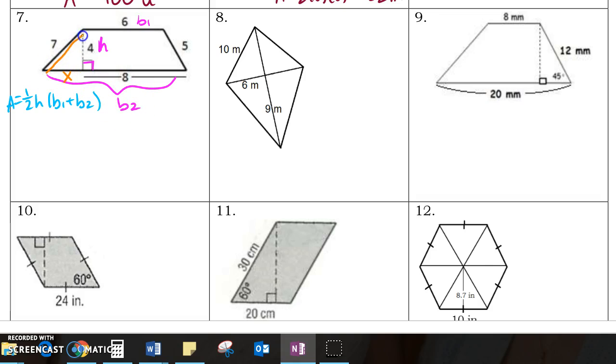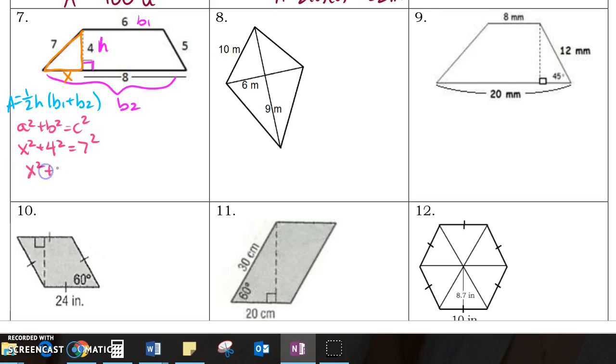So we have to figure out what this missing piece is first to help us find base 2. So if you notice, we have this right triangle here. Oh, I'll redraw that. We have this right triangle here, and we know 2 sides of it. We need to find the third side. So to do that, we need to use Pythagorean theorem, which is a squared plus b squared equals c squared. So 7 is our c because it's across from our right angle. So we'll have x squared plus 4 squared equals 7 squared.